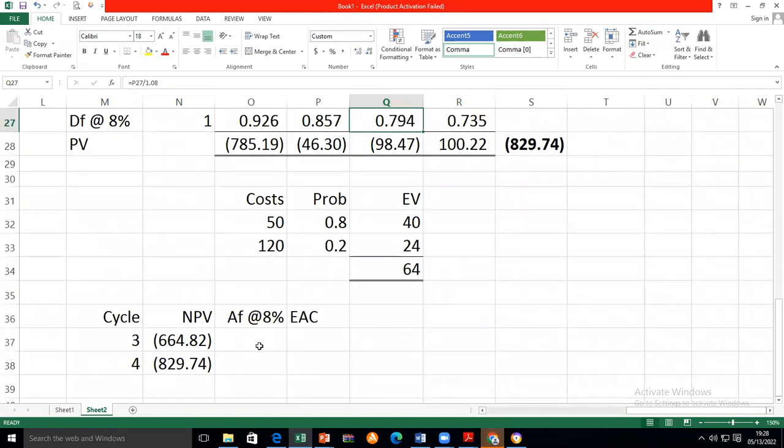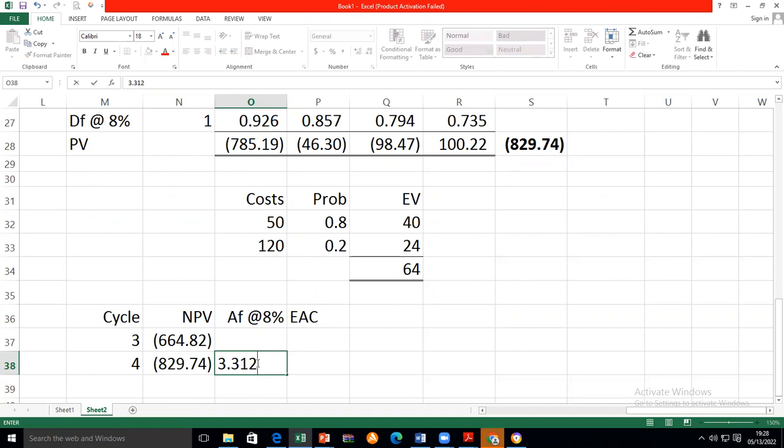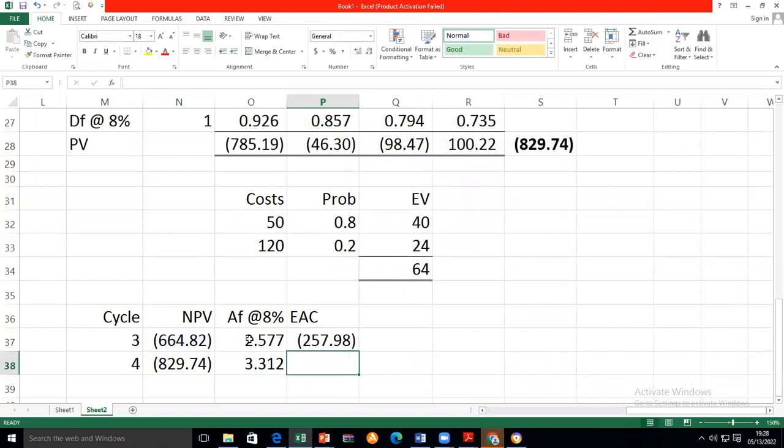So year 4 is how much? 3.312. What of the other one? Year 3 is 2.577. Good. Equivalent annual cost: we take this figure, we divide by this one, and we do the same thing here.